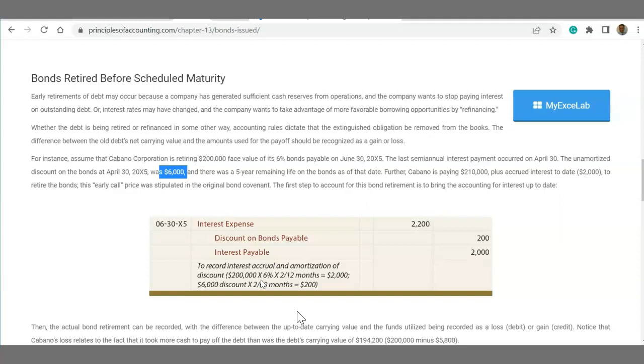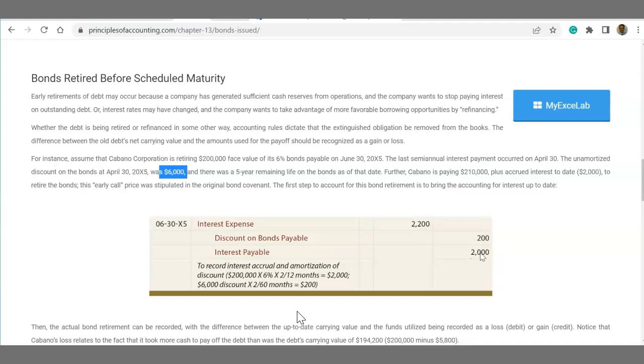So they have to recognize $200,000 times 6% times 2 out of 12, which is $2,000. And for the discount, if you use the straight line method, just to make it easy, the discount is 2 months out of 60 months, and that will be $200. So you need to also amortize the discount for $200.